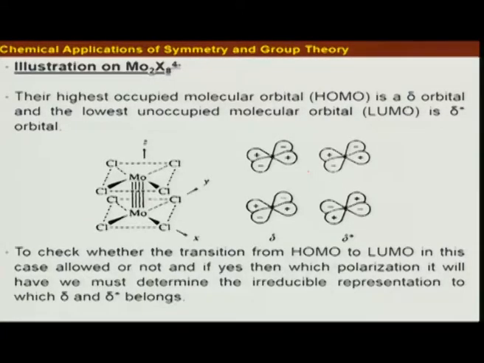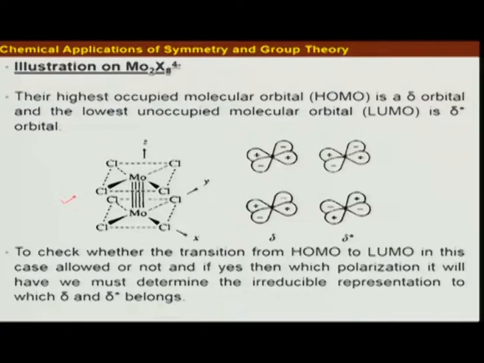So, if we look at the example of a particular molecule which is a dimolybdenum complex of a ligand which is as simple as chloride. For this particular molecule whose structure is shown here, the highest occupied molecular orbital or HOMO is a delta type orbital, and the lowest unoccupied molecular orbital, or LUMO, is a delta star type orbital.